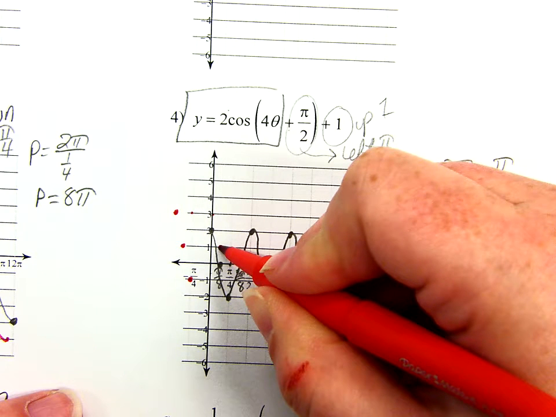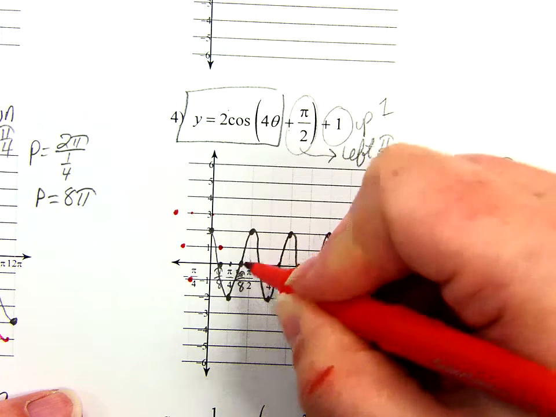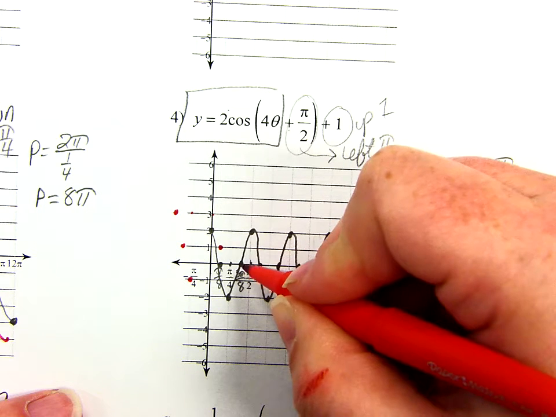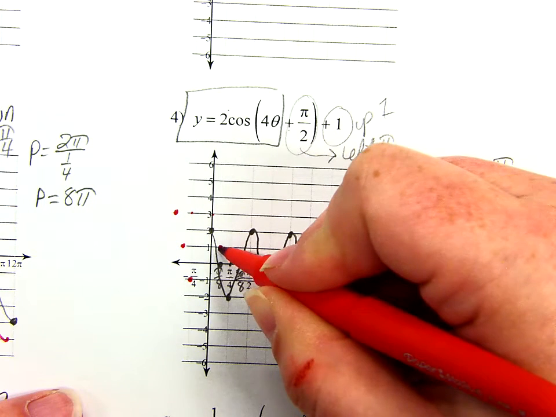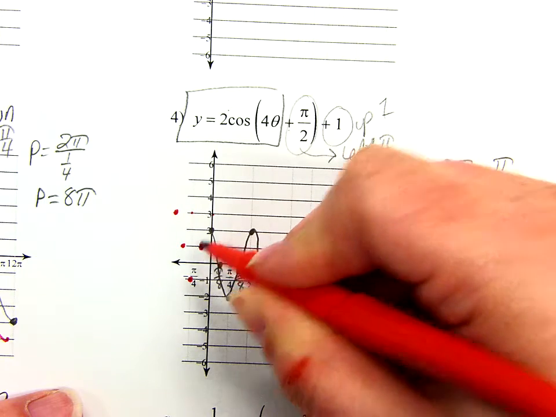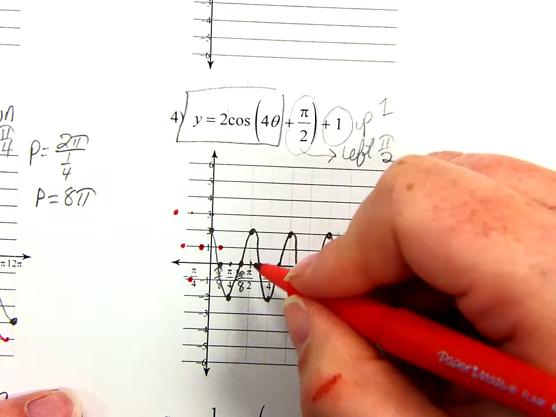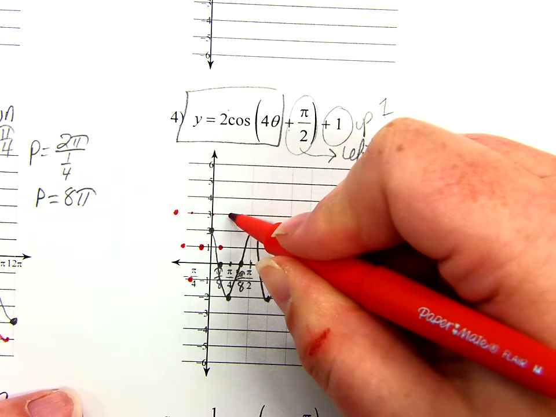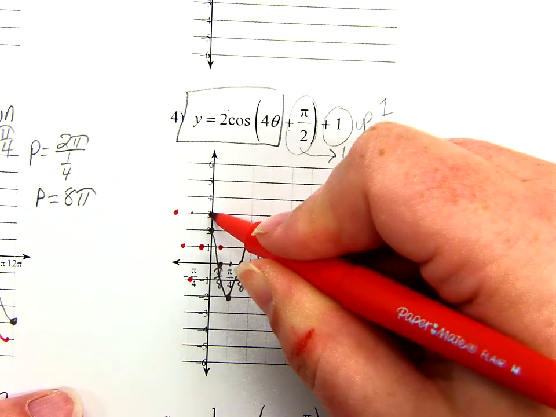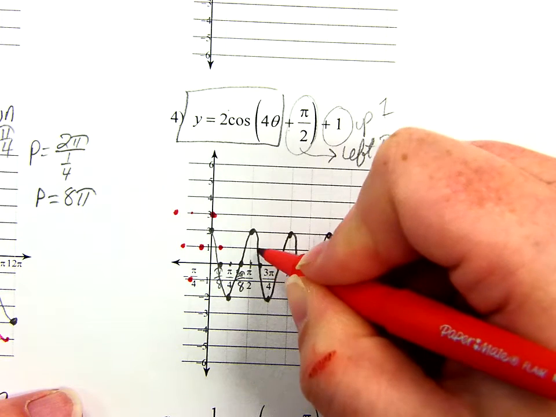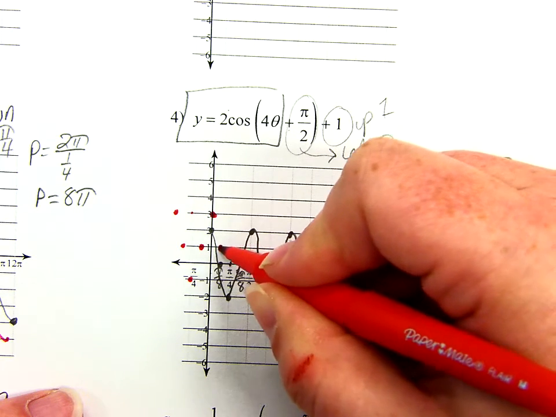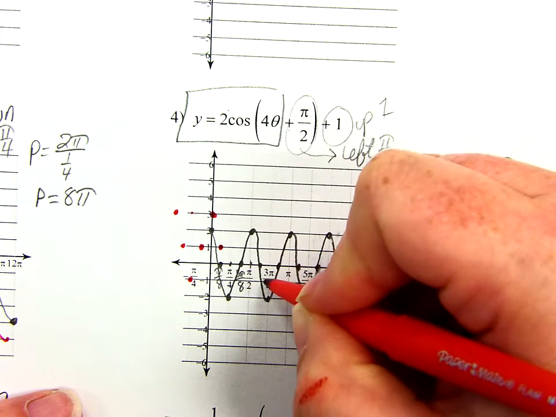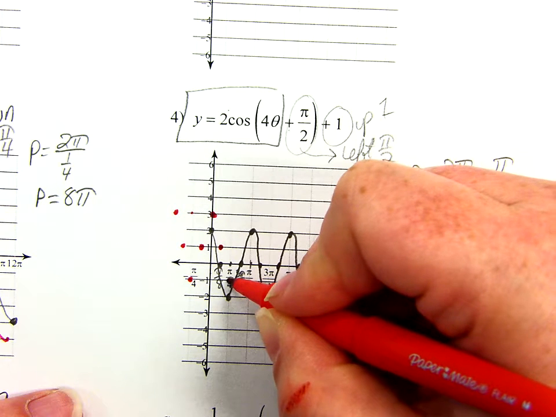This one, up 1 over 2 boxes. Up 1 over 2.